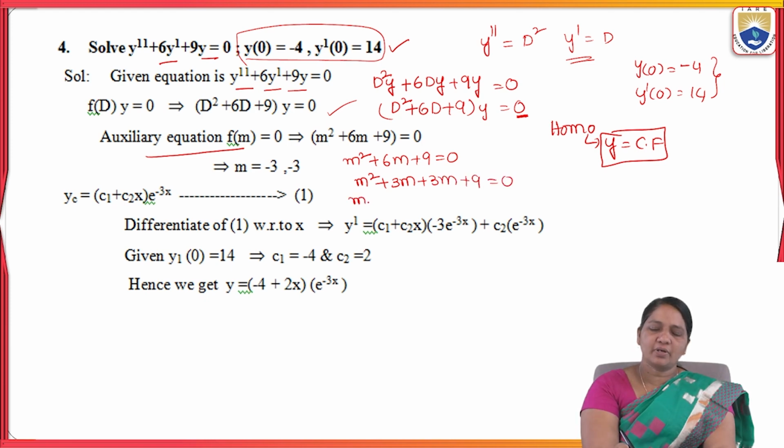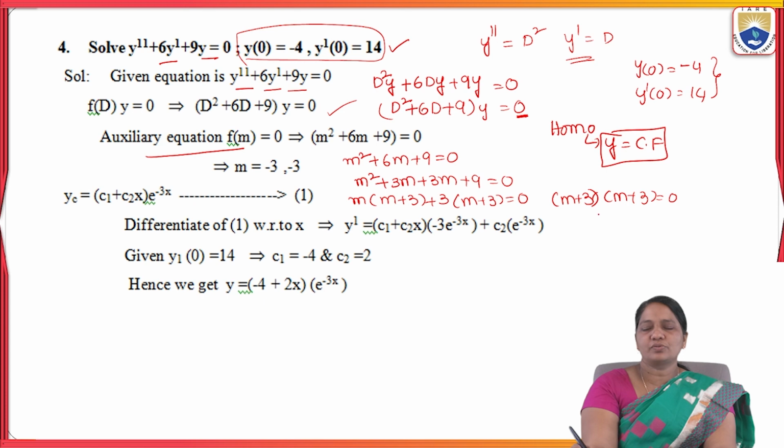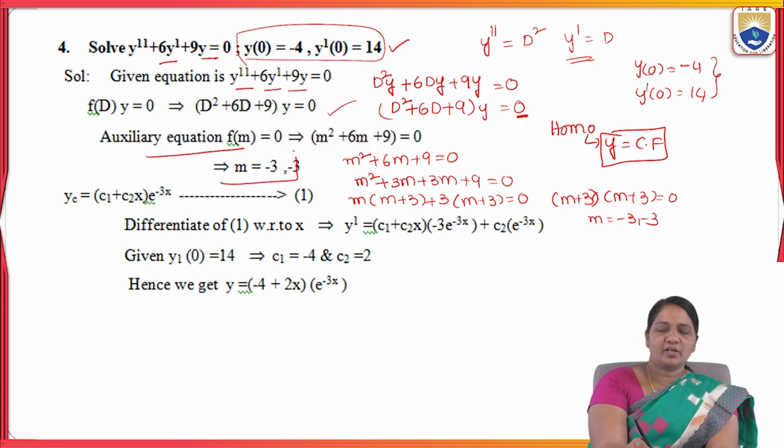I am taking m common here, so m plus 3, and taking 3 common, so this is m plus 3 again. So m plus 3 into m plus 3 equal to 0. So m equal to minus 3 comma minus 3. That is only we are writing here.